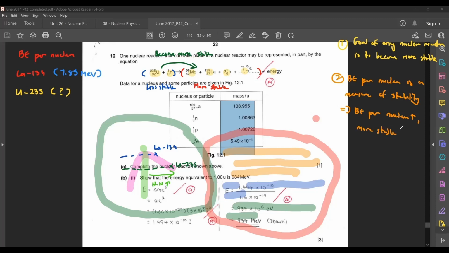Right now the question is asking you to make a comparison between uranium and lanthanum. So lanthanum, I know definitely is going to be more stable than uranium, so its BE per nucleon definitely will be higher. Or I can look at it the other way around: uranium-235 is actually less stable.